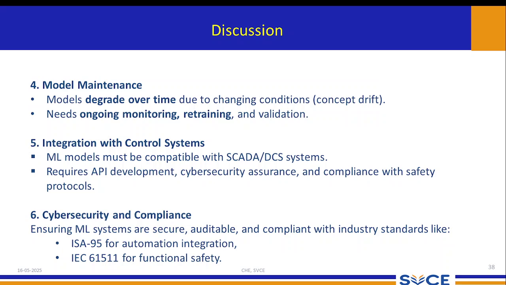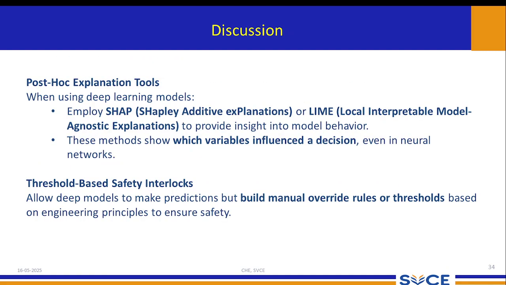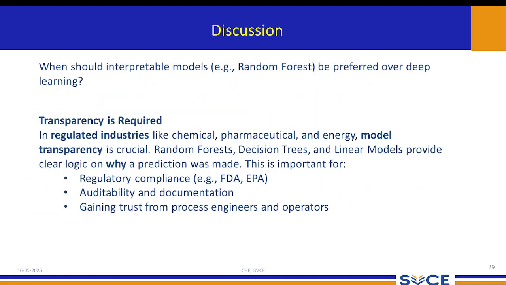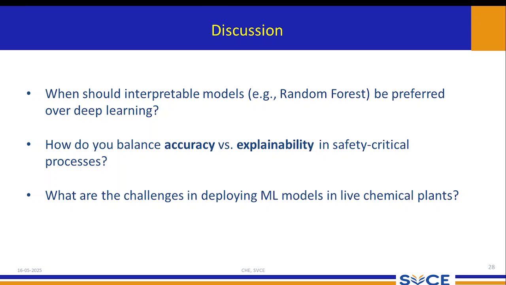So with this note, I would like to conclude today's section. I hope you understood these three important things which we have discussed mainly in this section, apart from case study 2. Why should interpretable models be preferred over deep learning, and how do you balance accuracy with explainability in safety critical processes?